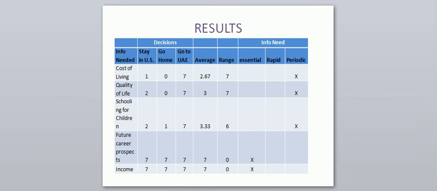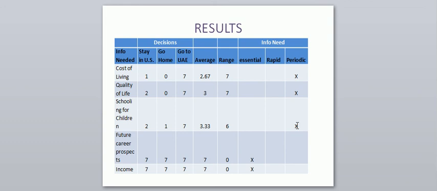Here are the results of the analysis. As we can see here, the cost of living range is high and the average is low, then it is periodic collection. The same applies for the quality of life and for children's schooling.